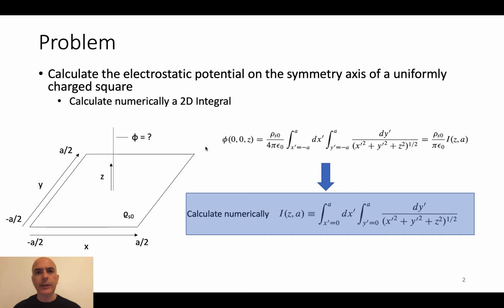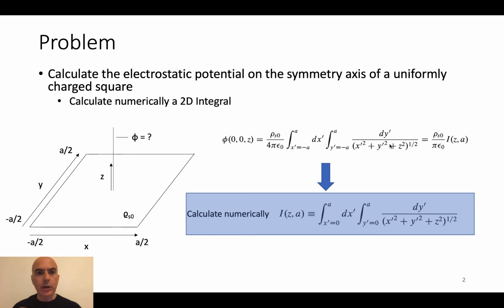How can we calculate the potential? Well, we know from basic electromagnetics courses that the potential, for instance, in the position 0, 0 along the z direction can be calculated by computing this integral here, right? So the potential is expressed as rho over pi over the electric constant multiplied by this integral.